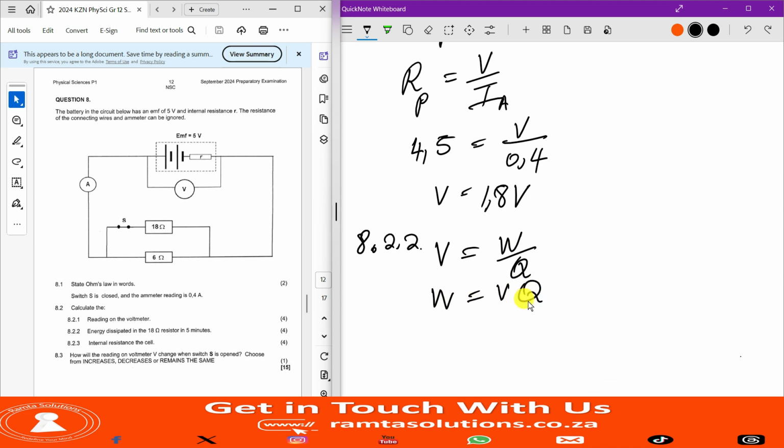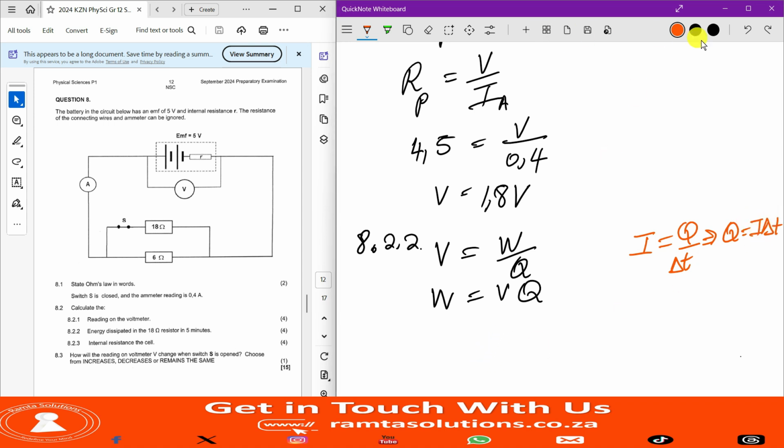Q we can relate to current, since current equals charge over time, delta T. So charge equals current times delta T. Substituting, energy dissipated equals voltage times current times delta T.